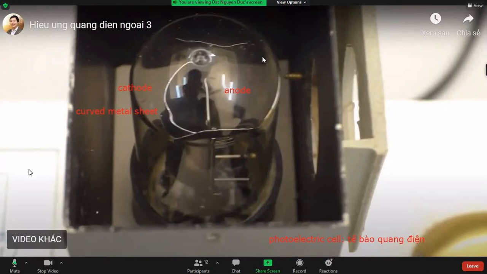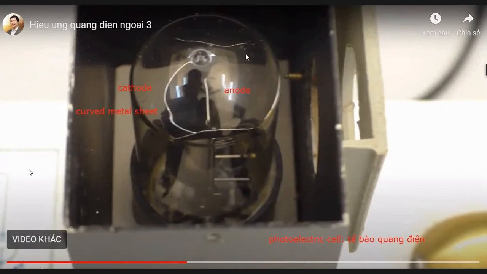I can call it a round hole. Well, yeah, it's a circle hole, right? But in the textbook, if you have read it, they will call it the aperture. Let me see, the aperture of light.